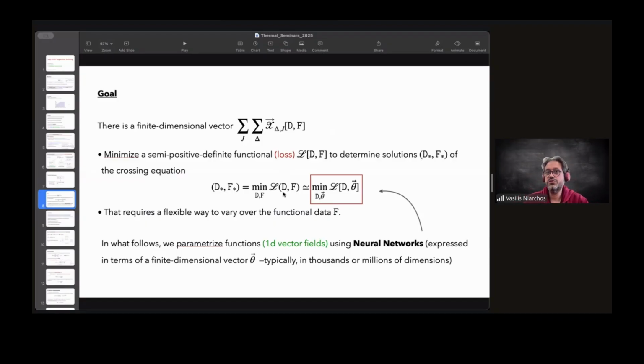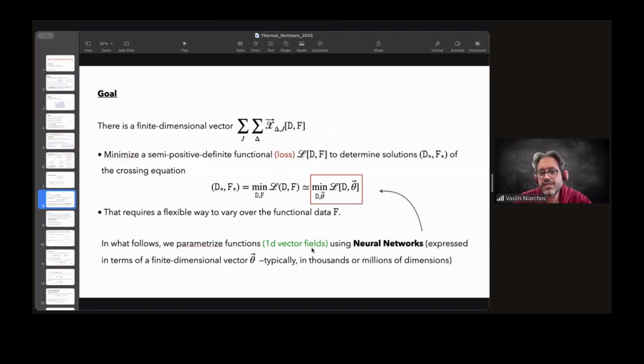So here you could choose your own favorite way of tackling the variation of the functions, expanding in some bases that is well motivated on physical grounds for the problem at hand. Or a more flexible way, I will try to argue, is to model these functions in terms of neural networks. So neural networks are function approximators, and this is how I'm going to use them here.